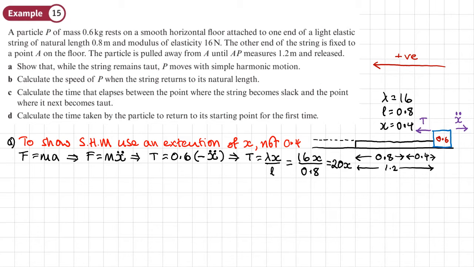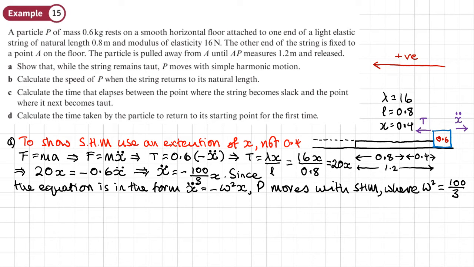So that can now be put into my equation. So I have tension 20x is equal to negative 0.6 times my acceleration, and rearrange it to see if I've got simple harmonic motion. So that means dividing both sides by negative 0.6. So that will give me negative 100 over 3x.